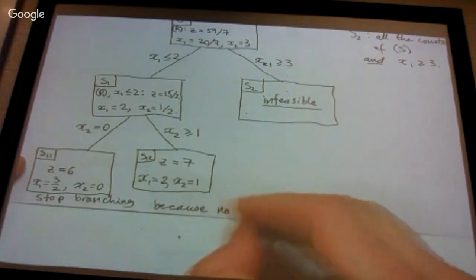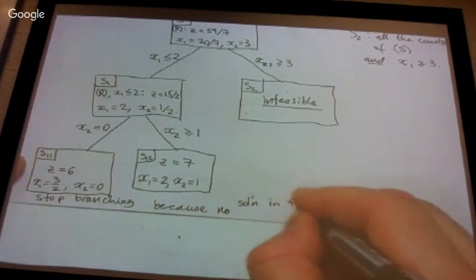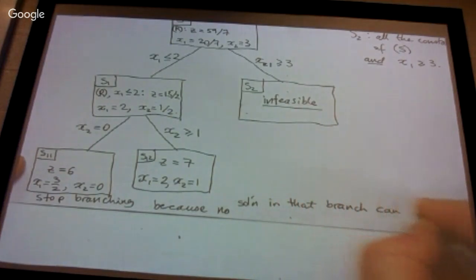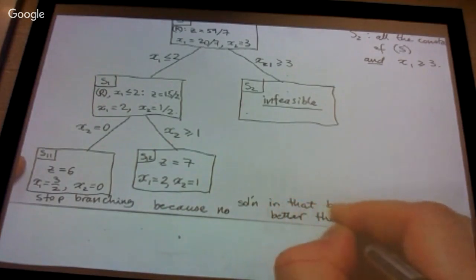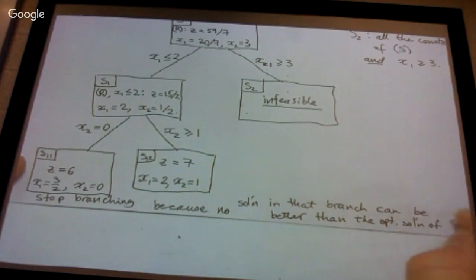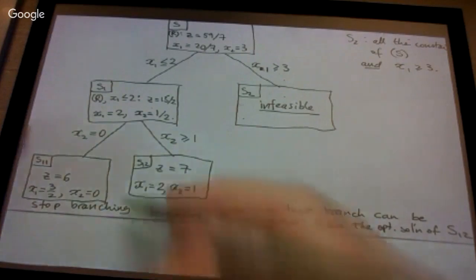Because no solution in that branch can be better than the optimal solution of S12. Which means that going backwards, this is the best one we found.